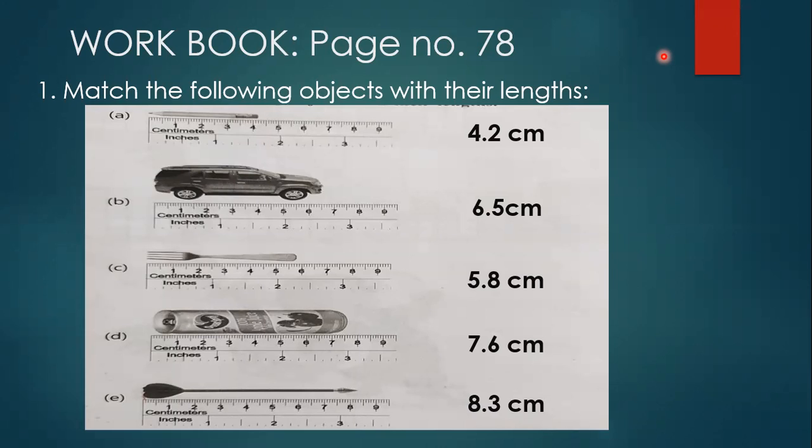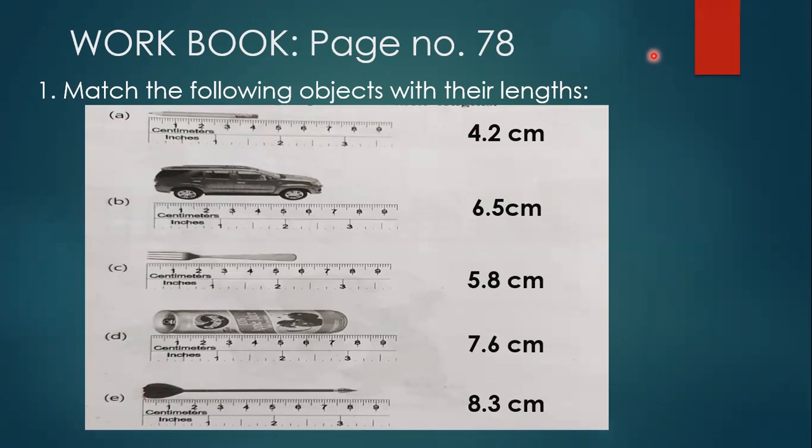Okay, children. Now we will see how to measure the object using the scale. First, we have to place the scale in contact with, in touch with, the object which is to be measured. Second thing, one end of the object should coincide with the zero marking.